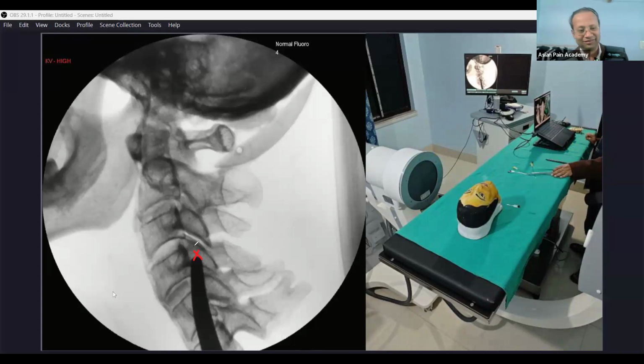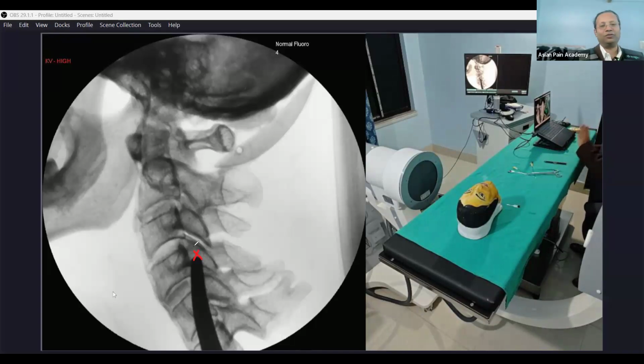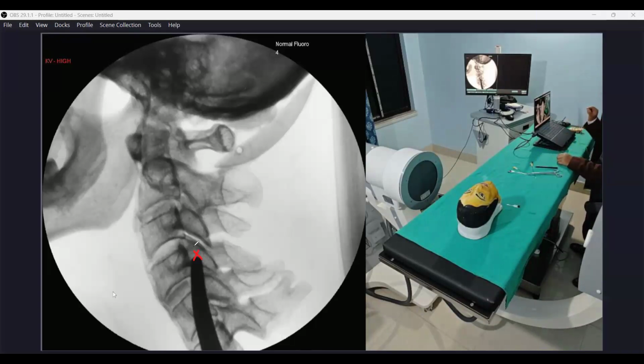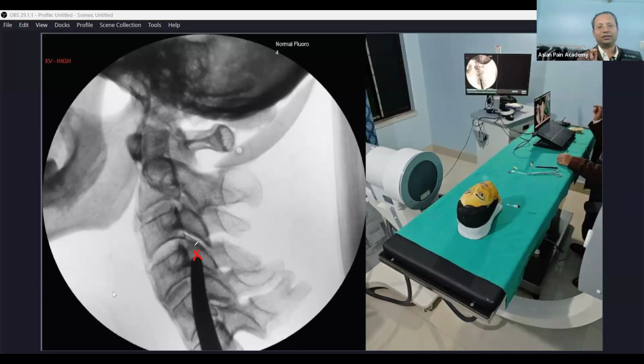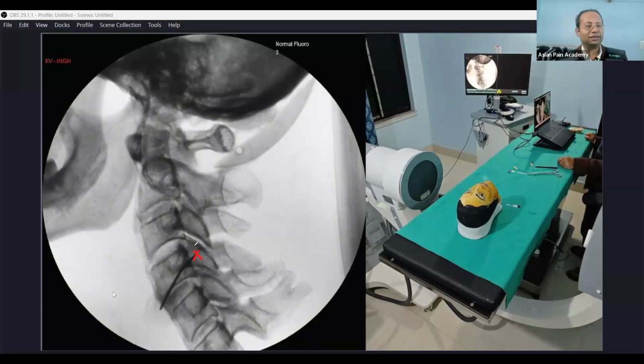Sorry, I mean in RF. In RF, not tunnel view. Here also in RF, we are not going for tunnel view. That is a different procedure. At present, I am targeting the medial branch for a diagnostic procedure. This is not RF. This is a diagnostic procedure.